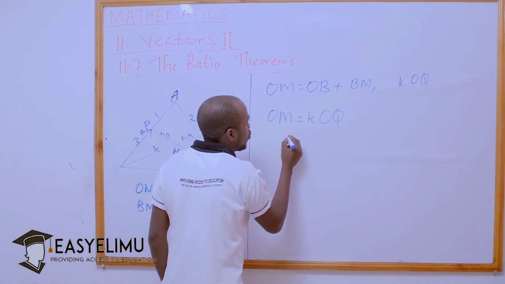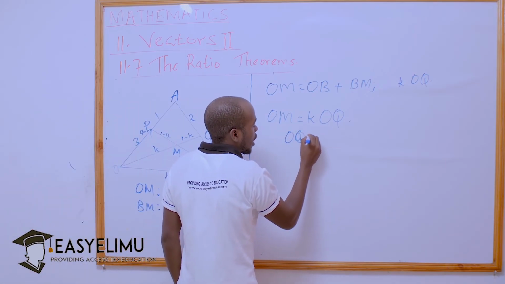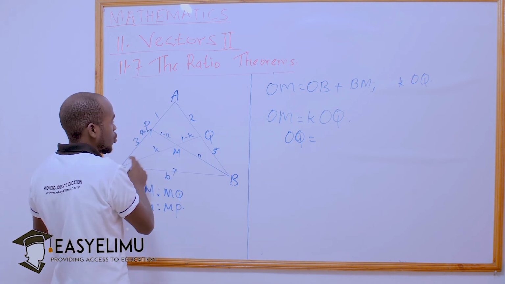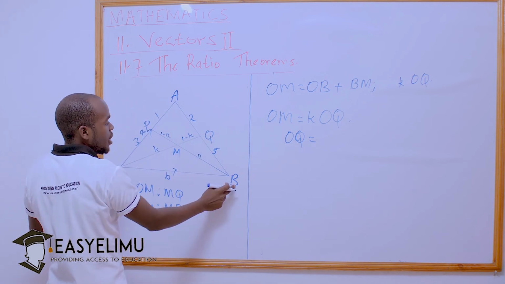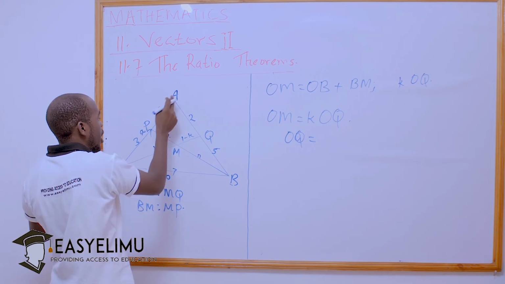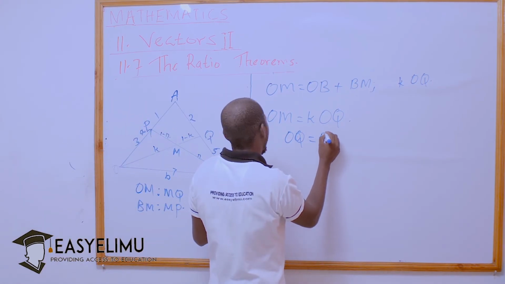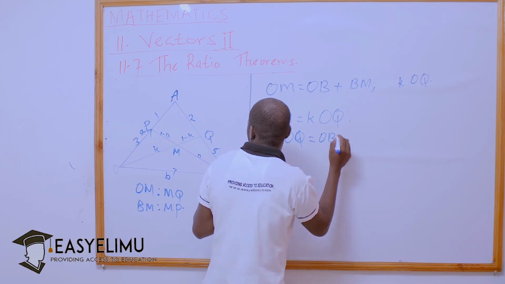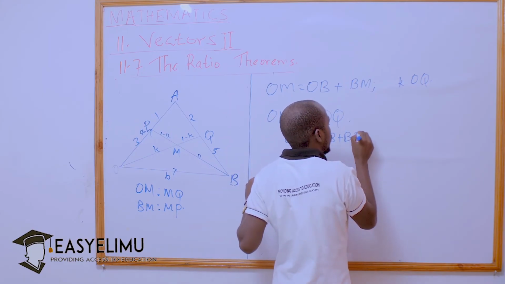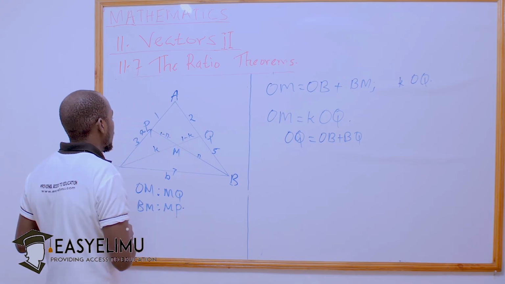And remember, OQ can be given by OQ equal to OB plus BQ, or OA plus AQ. We'll get the same value. So let's use OB plus BQ.